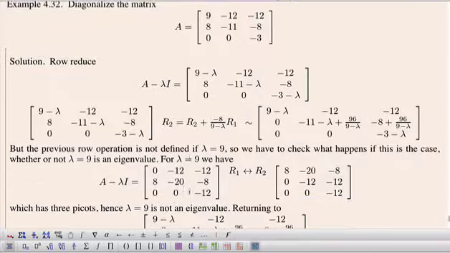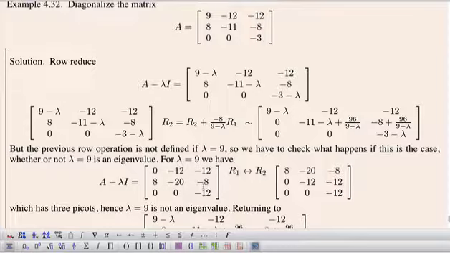So to check that lambda equals 9 is not an eigenvalue, we calculate A minus lambda I with lambda 9. Then we get 9 minus 9, 0 here, minus 11 minus 9, minus 20, minus 3 minus 9, minus 12. So we have this matrix.